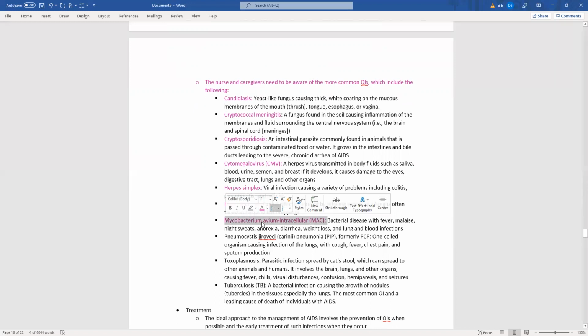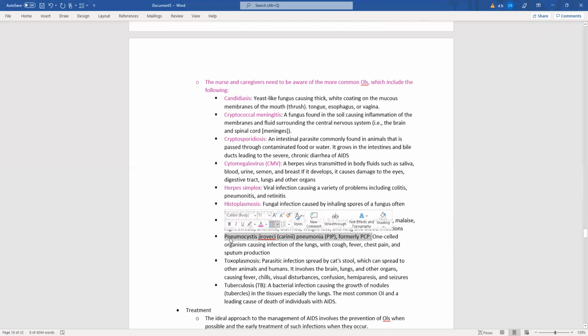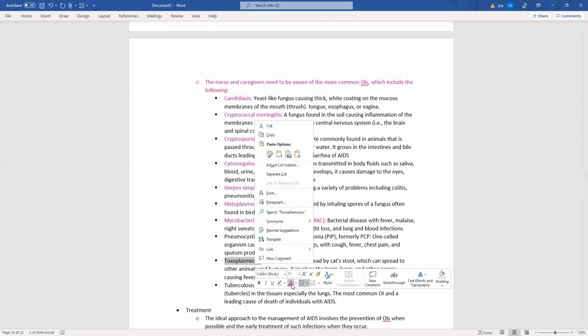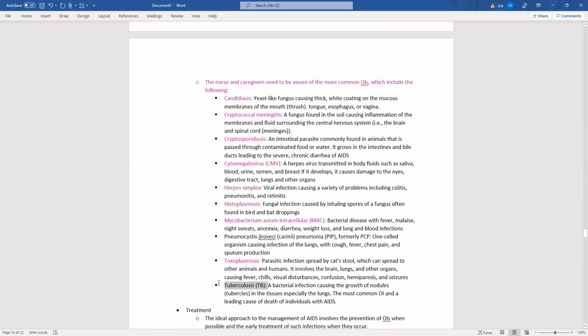That's Mycobacterium avium intracellulare, pneumocystis jirovecii, carinii pneumonia, they call it PJP, formerly PCP, toxoplasmosis, I would know these, TB.